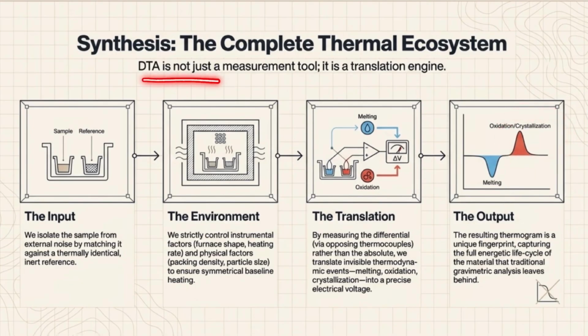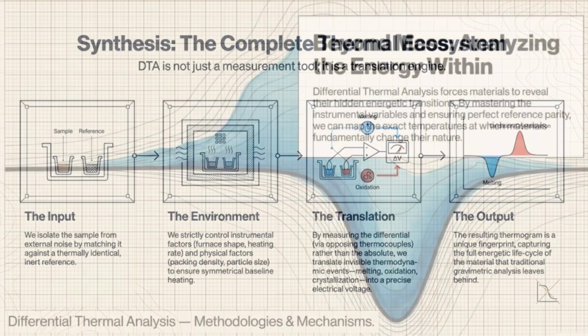So DTA is not just a measurement tool, it is a translation engine, and it actually does the topography of invisible changes that were occurring and that were associated with heat absorption or heat emission.